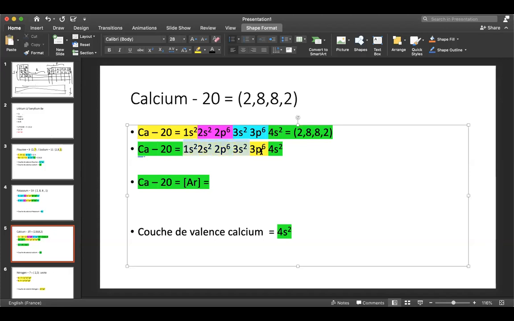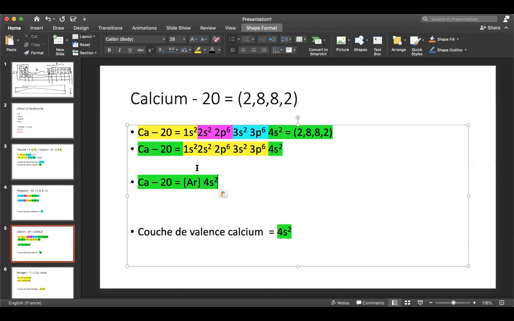This is argon. 2 plus 2, 4. 4 plus 6, that's 10, plus 8, that's 18. And argon is at position number 18. Now, the configuration électronique d'après les gaz rares will be argon in brackets, like this. Then you add this 4s here.